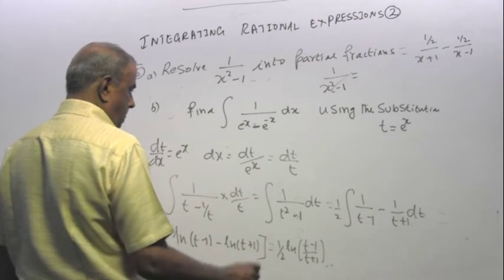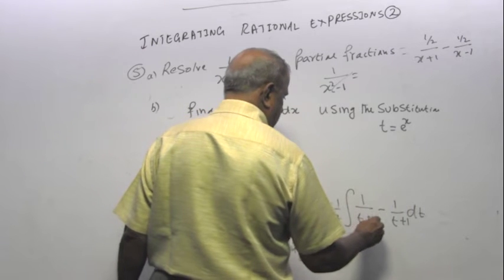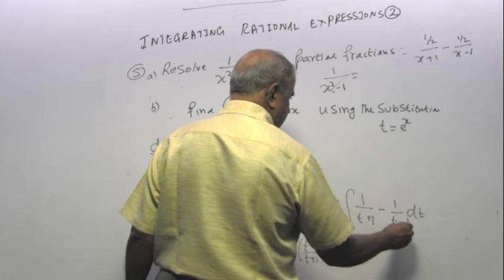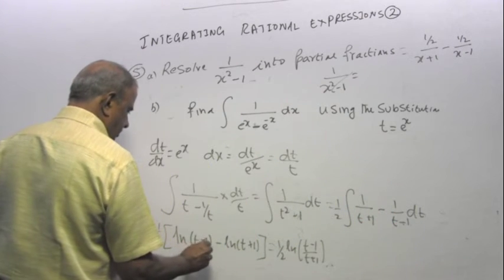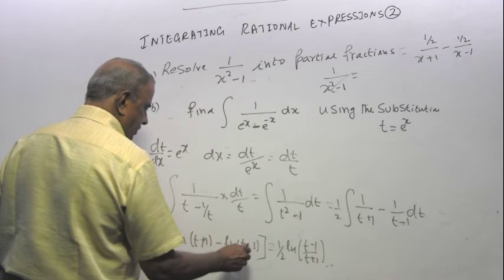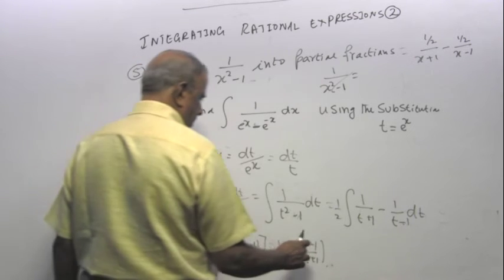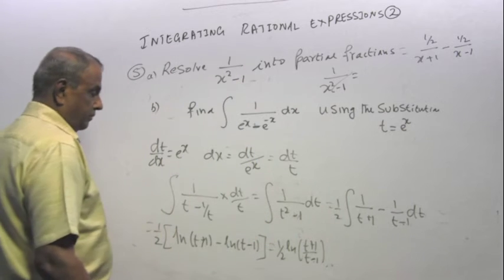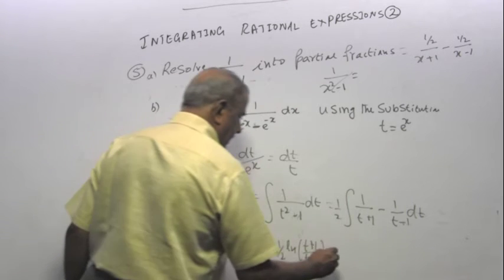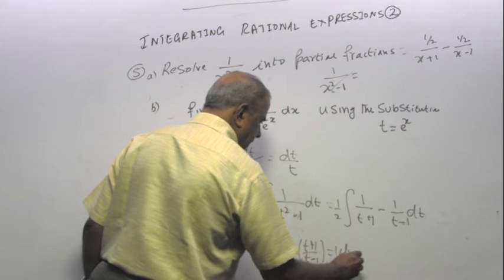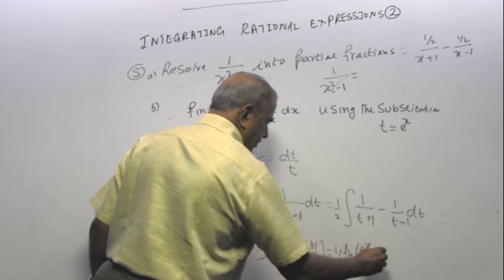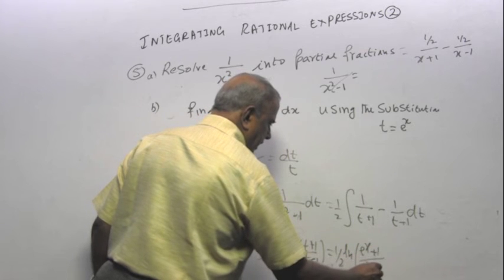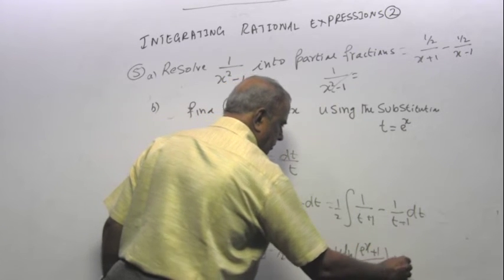Oops. This was plus, that was minus. I'm sorry. So that is half ln of e power x minus 1 over e power x plus 1 plus c.